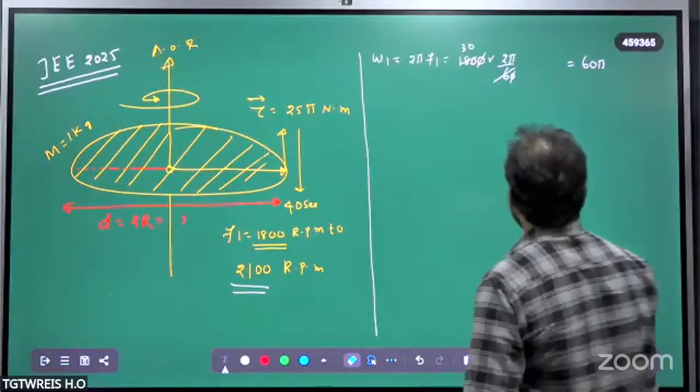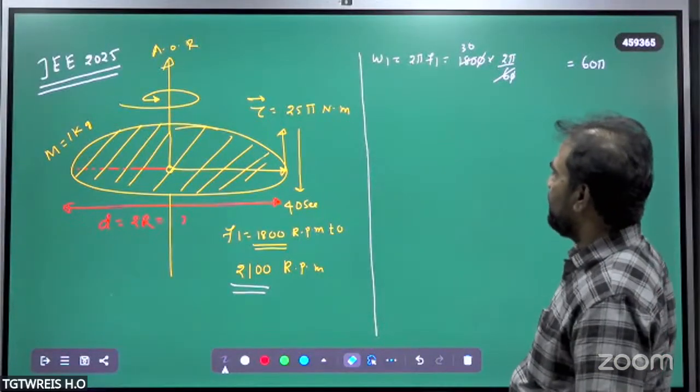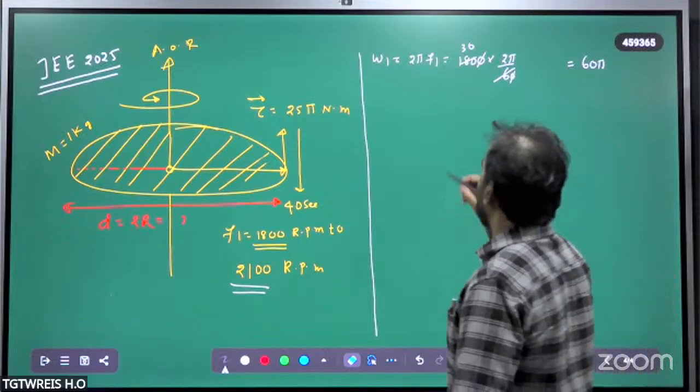Omega 1. Next, we have to calculate omega 2 also. How can we calculate omega 2?